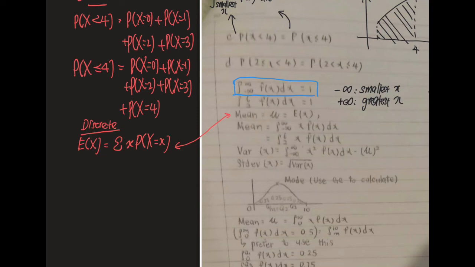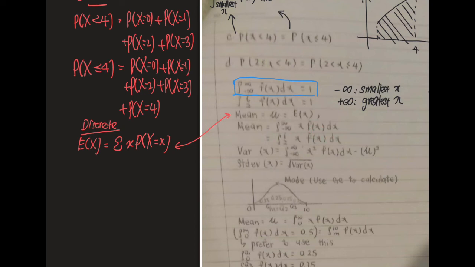We take the x multiplied with the probability, then add up the second x multiplied with the second probability, then add up the third x multiplied with the third probability, and so on. So we do it that way in order to find the mean. But in continuous, the way to find the mean is different. We have to integrate f(x) multiplied with x.